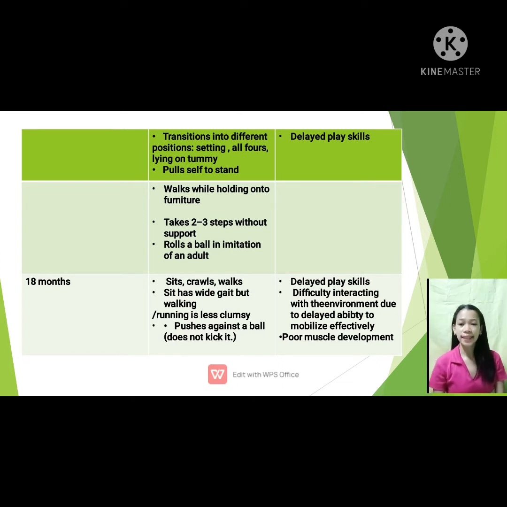At 6 to 12 months, the developmental milestone or expectation is crawling forward on belly, assuming a seated position unaided, gripping on hands and knees, and others like walking while holding onto furniture, taking 2 to 3 steps without support, and rolling a ball in imitation of an adult.